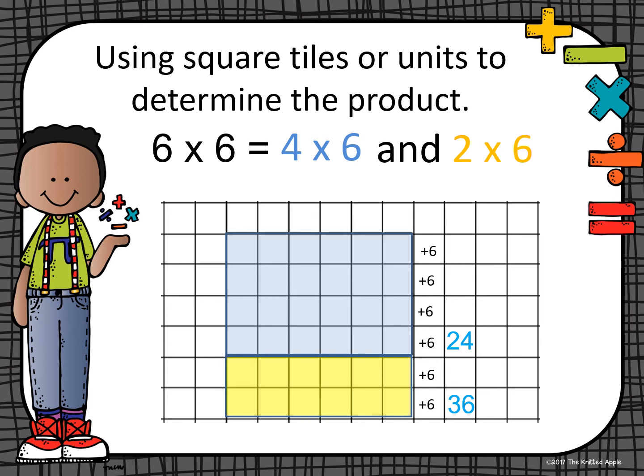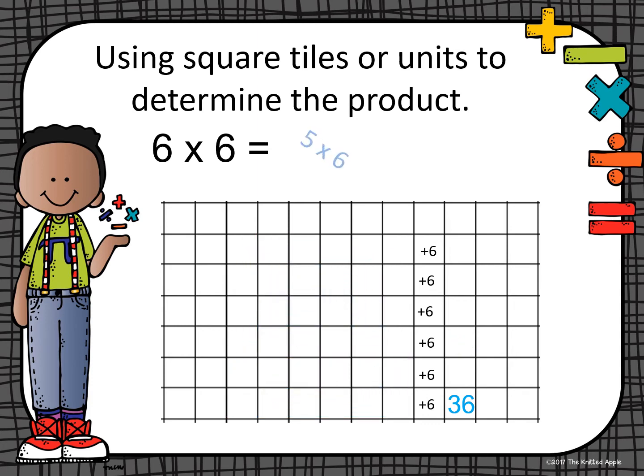So what I've basically done is I've taken an array that I know quickly and added another array to that to make my 6 rows with 6 in each row. So if I add another 12, because 6 plus 6 is 12, that would give me my 36 square units. So 36 square units is still our area. I'm just using a strategy of taking the array apart into smaller chunks to help me find my product or my area.